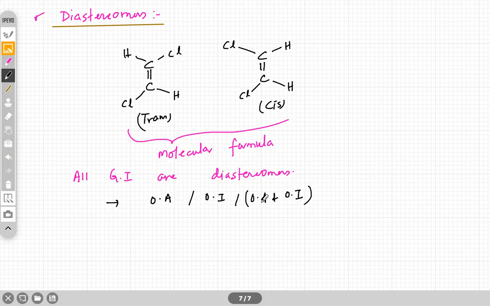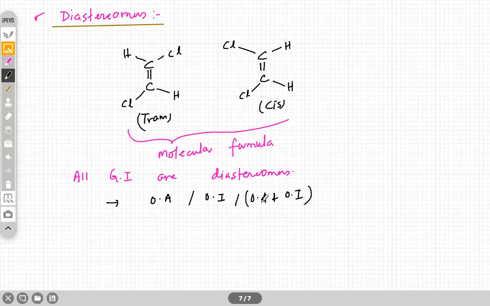Okay, so these few properties of diastereomers you must remember. Not much important for KVPY, but you never know what question they are going to ask. So you must keep that in mind.